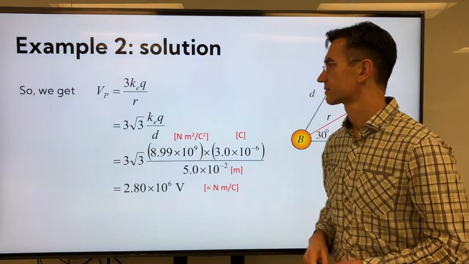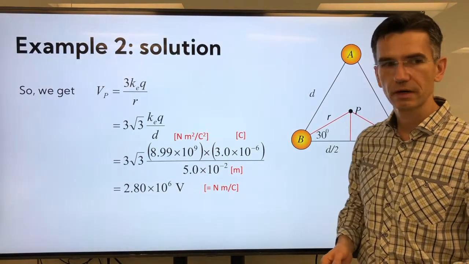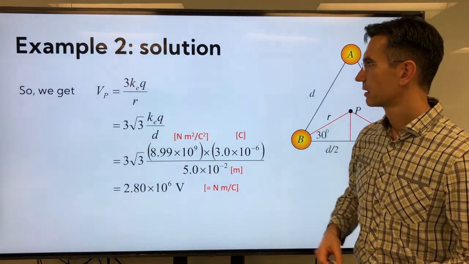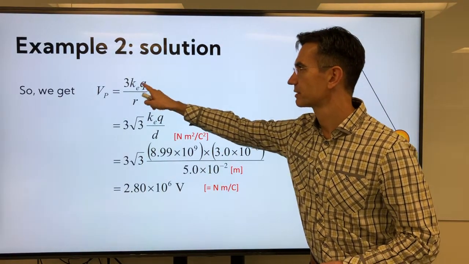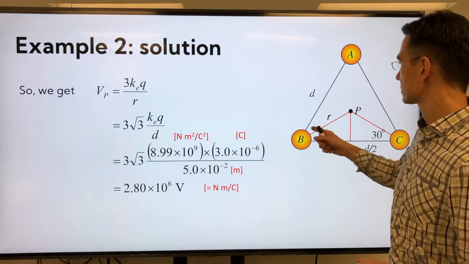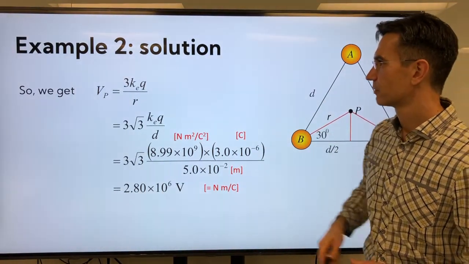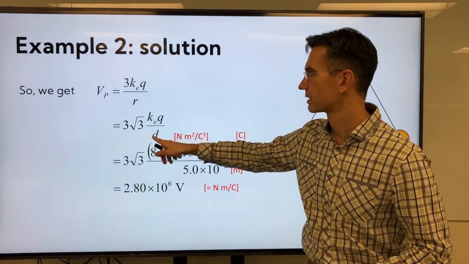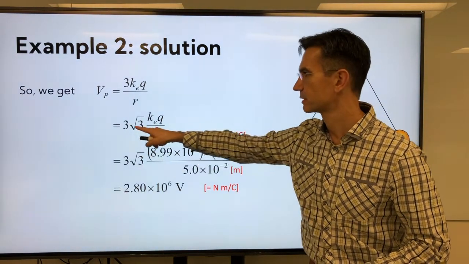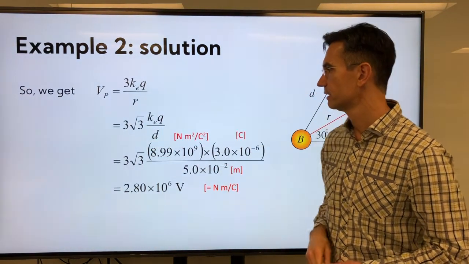Ke here is the Coulomb constant K from before. So then it's going to be 3 times kQ over r because we have 3 identical charges. We already found an expression for r as d over square root of 3. So this is 3 times square root of 3 kQ over d.